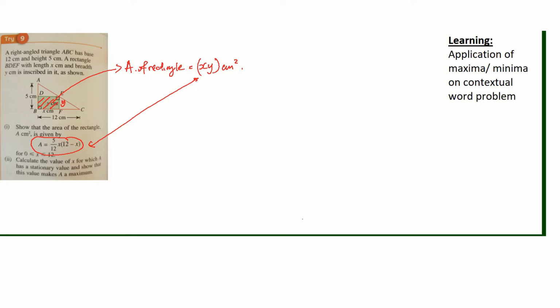I'll give you a quick pause to think about it. Yep, I think some of you would have concluded that there is a need for me to express y in terms of x. That means I need to form an equation involving both x and y, and thereafter express y in terms of x. But the key question is this: how can I go about doing that?